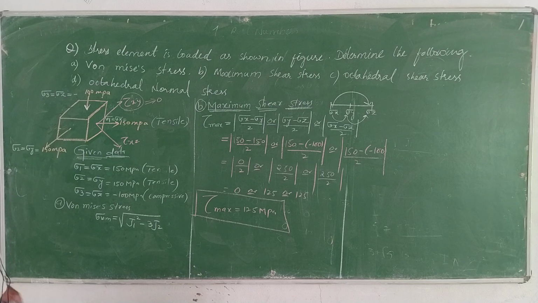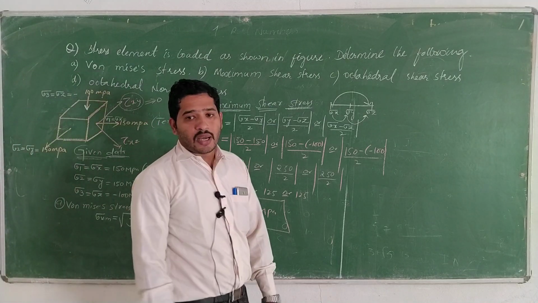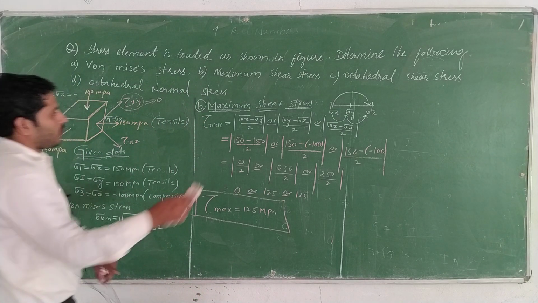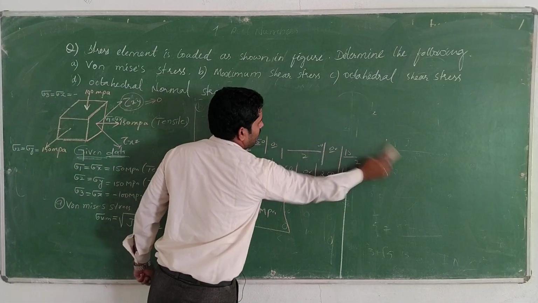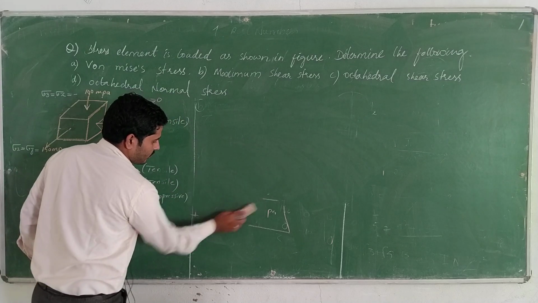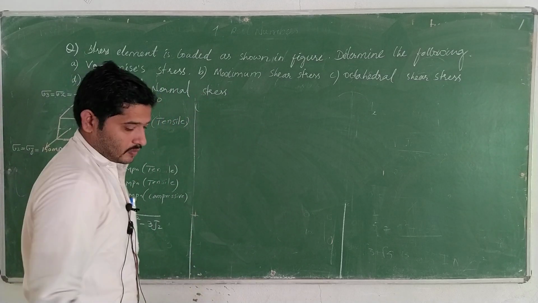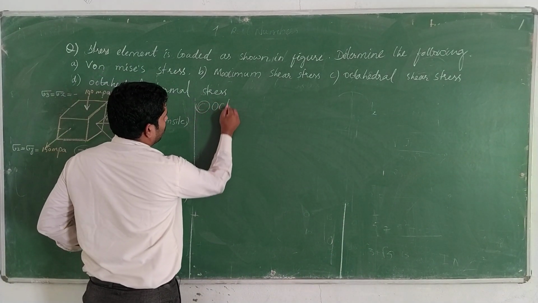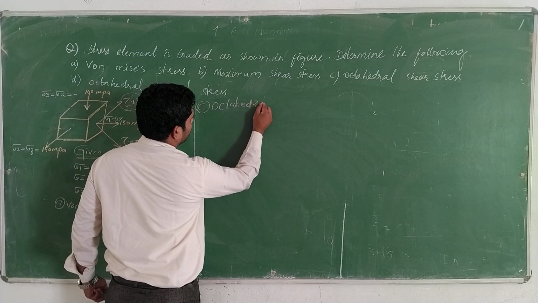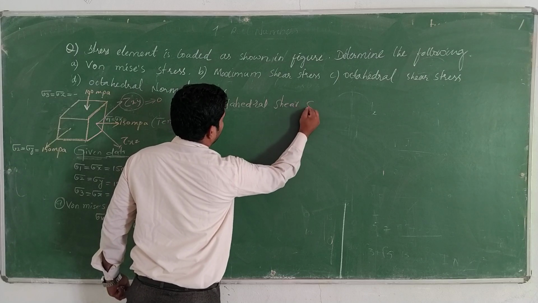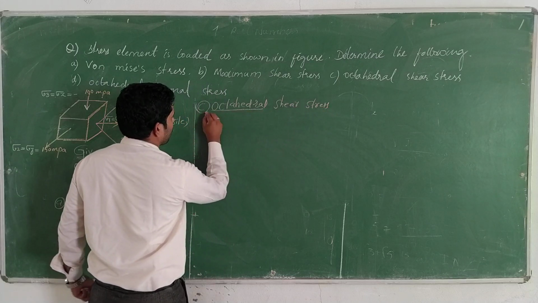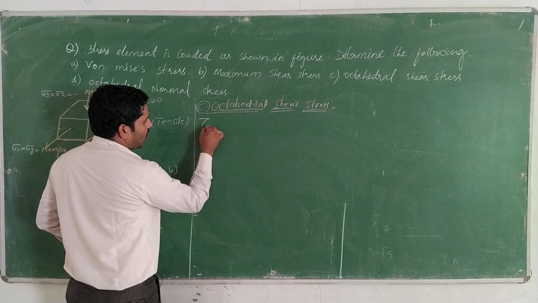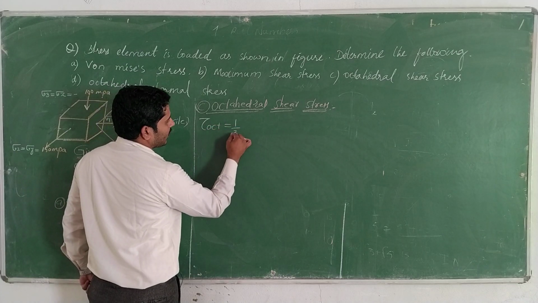Again, the third condition is we need to find out the octahedral shear stress, point C. So if you want to find the octahedral shear stress, tau octahedral equal to 1 by 3.